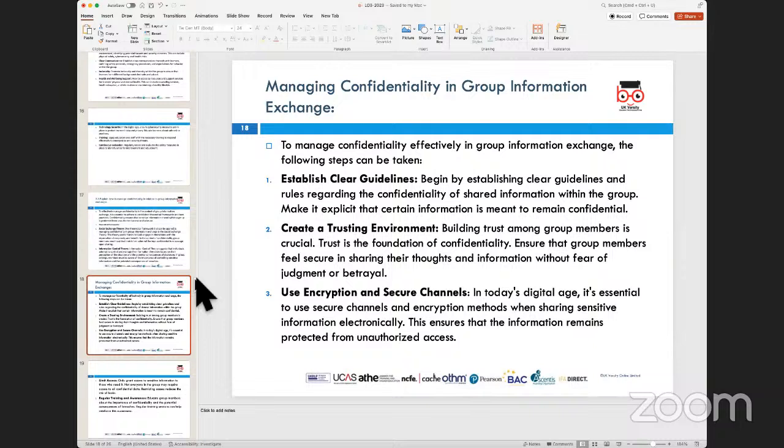Now, in general, when we look at managing confidentiality within a particular setup or an educational setup, I would say you would be looking at certain policies being there, which would clearly define what is to be done in certain situations. So one such policy that you would generally see, which is available in most educational institutions, would be the data protection policy.